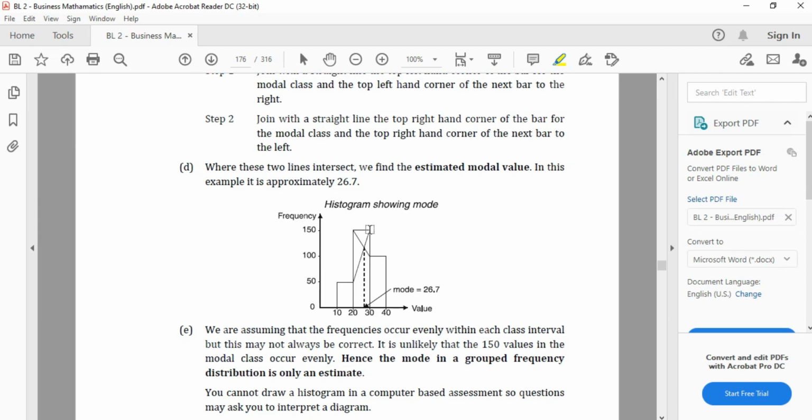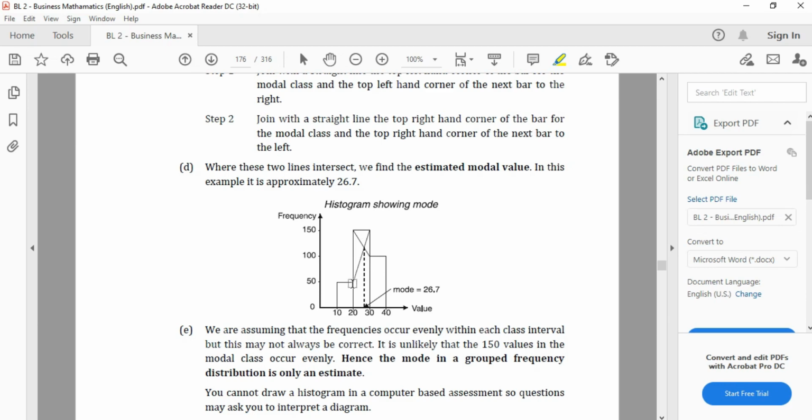So, what you do here is look at my cursor, okay? Now you're only looking at the modal class, the class with the mode, 20 to 30, because it has the highest frequency. Now draw a cross line from the cursor point I am showing here towards the point that joins with the next bar.